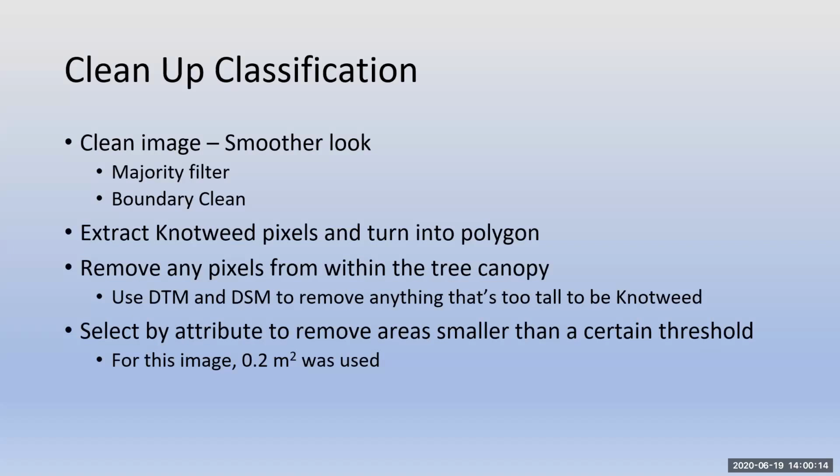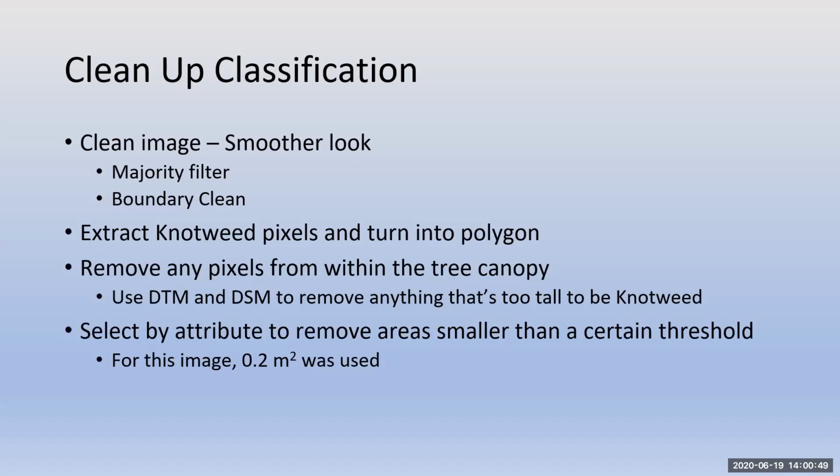So we looked at the digital terrain model and digital surface model with our LiDAR. Our LiDAR is a digital elevation model of a bunch of X, Y, and Z points of all the vegetation. Using LiDAR and these other two products, we were able to say anything over 10 feet, get rid of, because we know Japanese knotweed doesn't get much taller than that.